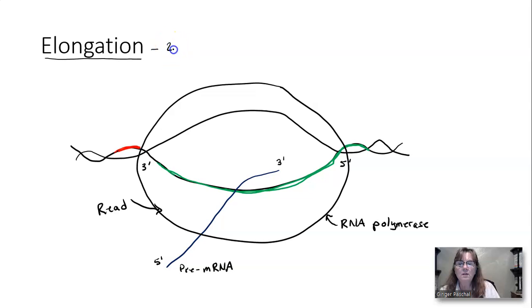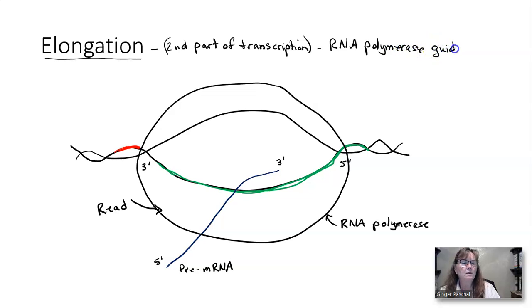So this is the second part of transcription. And in this, RNA polymerase guides new nucleotides into place and covalently bonds them.